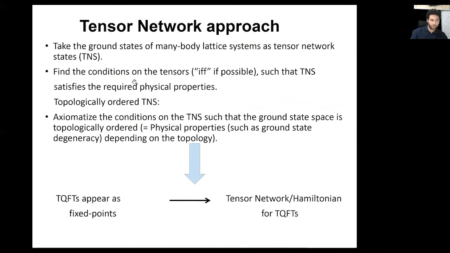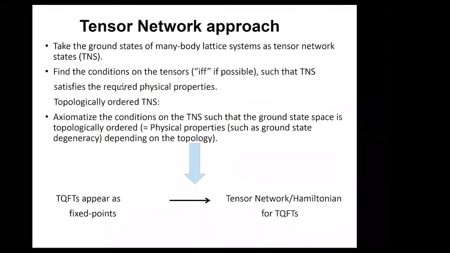And the goal is that we will try to find the conditions on these local tensors, and we are seeking if and only if conditions, if it is ever possible, such that the tensor network state satisfies the required physical properties. And in the case of topologically ordered tensor network states, we will axiomatize the conditions that should be satisfied by these local tensors, such that we get the topological order in the global state.